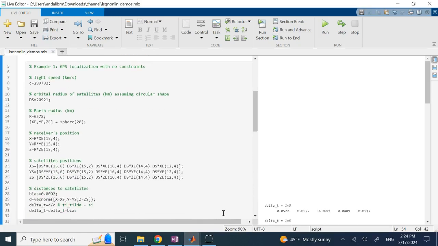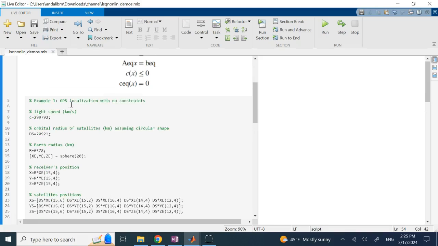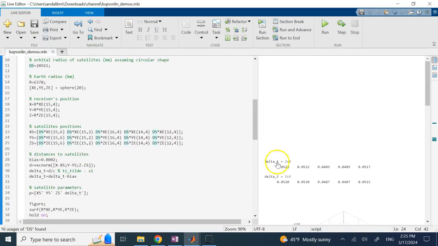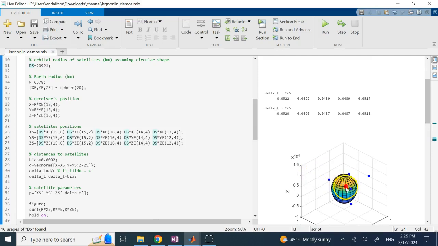So if you look at the code that I uploaded for that GPS video, here I have basically 5 satellites. But if you want, you can feel free to change some more columns to this X, Y, and Z. And here, this is my point. This is the point on the surface. This is the GPS receiver.